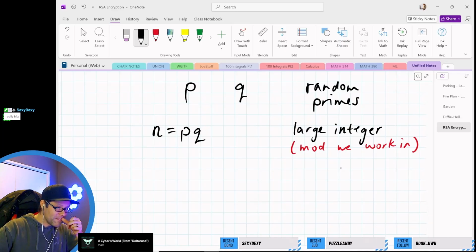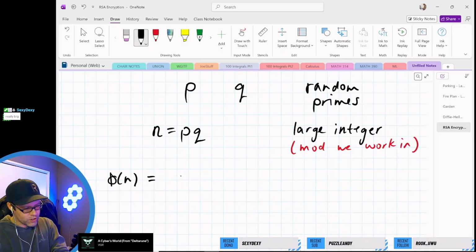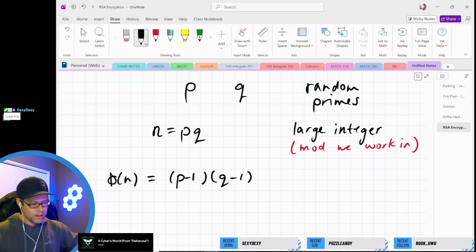Once we have n, then we can calculate Euler phi of n. So Euler phi of n is just p minus 1 times q minus 1. That's our formula when we're working with prime numbers to calculate the number of numbers that are co-prime with n.